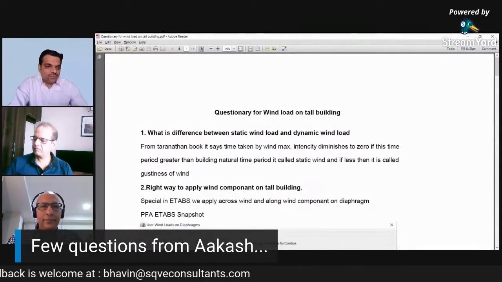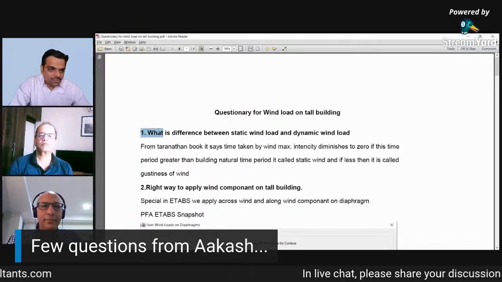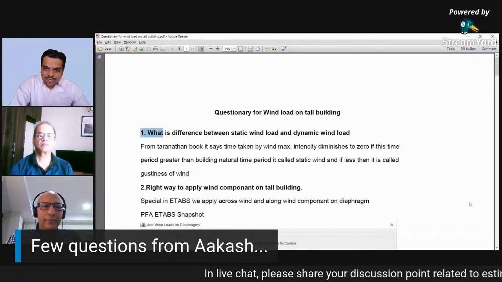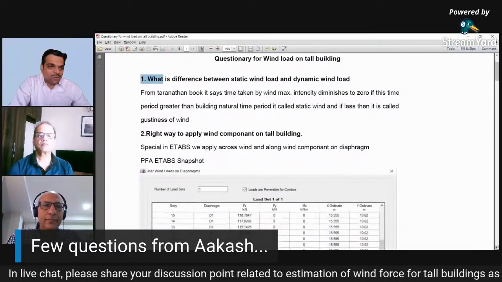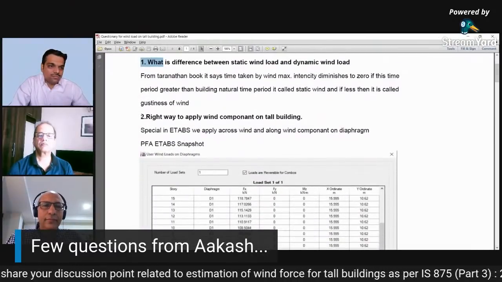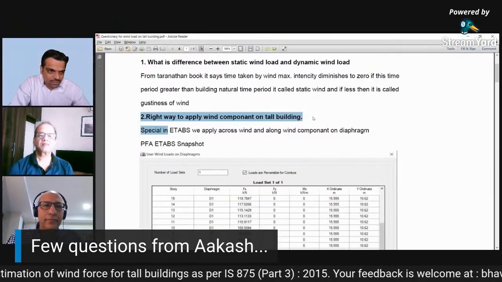So these were a few questions. I think we can directly go to the second question: what could be the right way to apply component on a tall building?